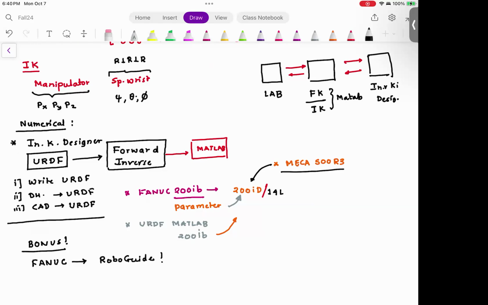You have to register with your ASU email, and they will give you a download link for Fanuc RoboGuide. That software will be valid for 30 days. If you do the forward and inverse kinematics for this robot using RoboGuide, you will get 5 bonus points.